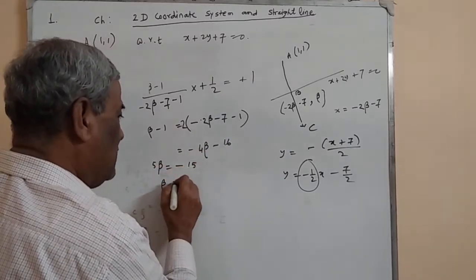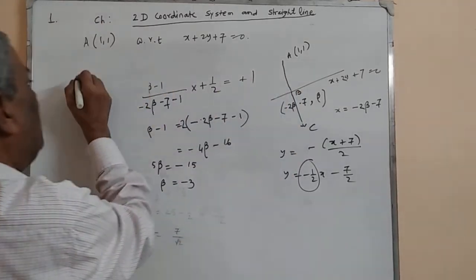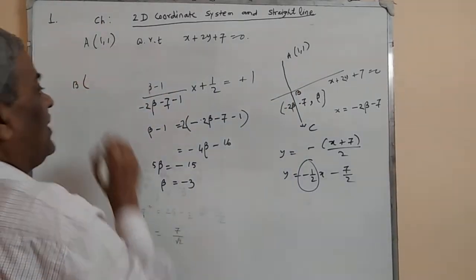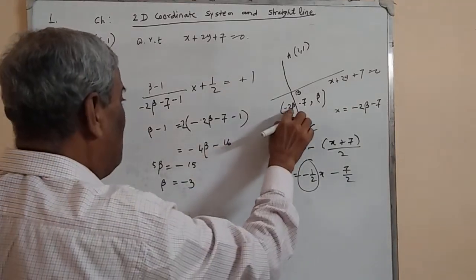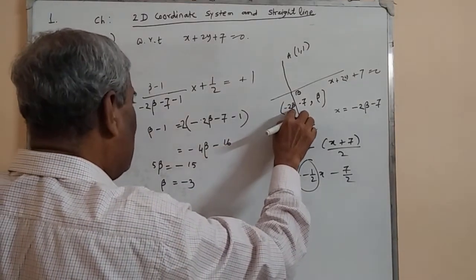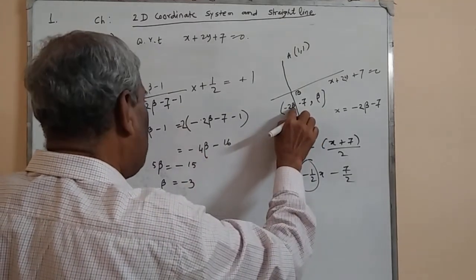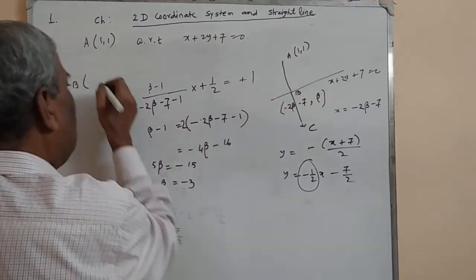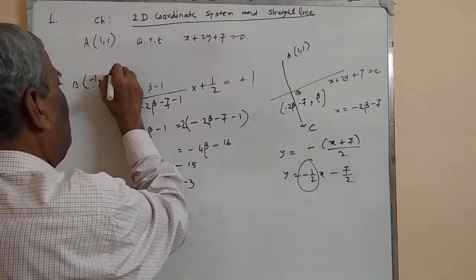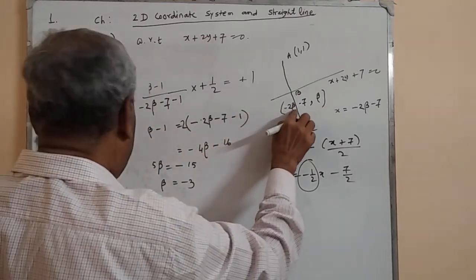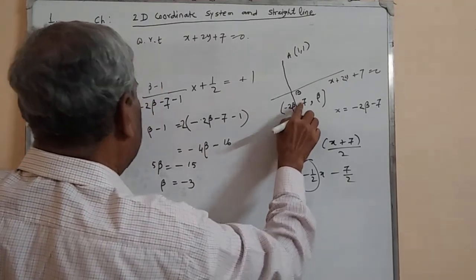So beta is equal to minus 3. So the point B is minus 2 beta minus 7, that is plus 6 minus 7, so minus 1, and beta is minus 3. Putting the value of beta as minus 3, it is 6 minus 7, so minus 1, minus 3.